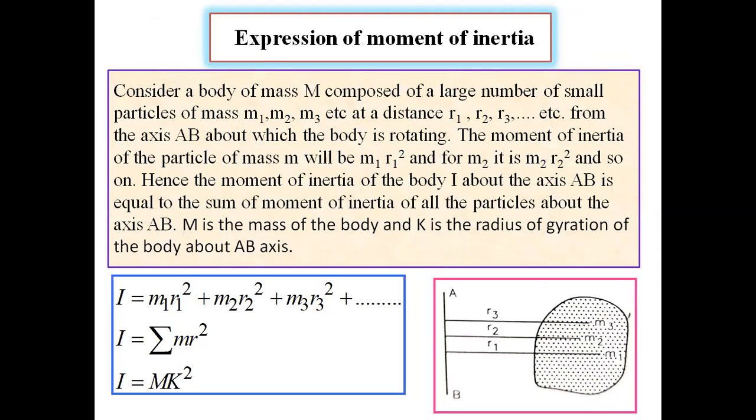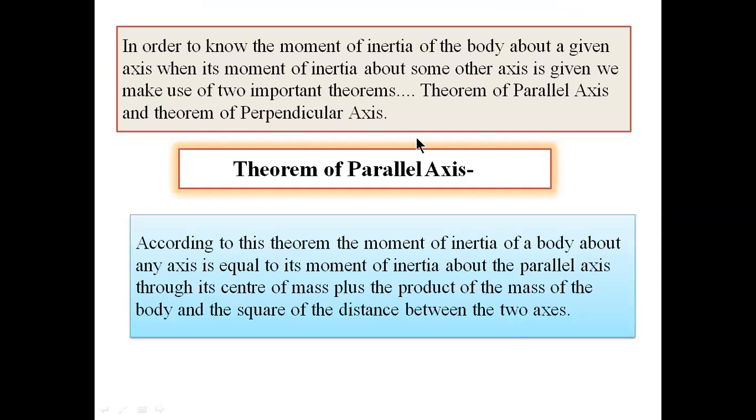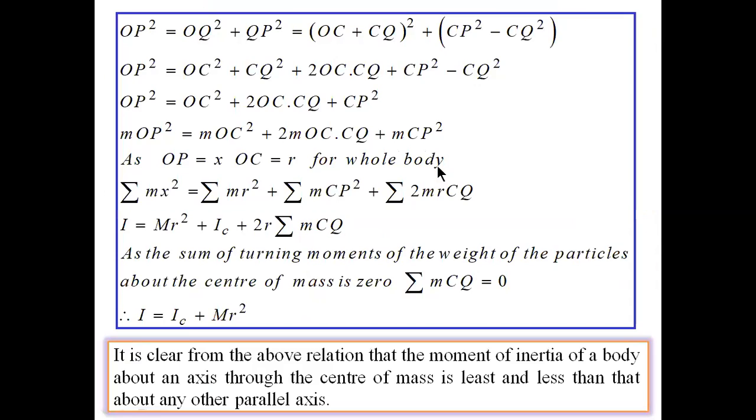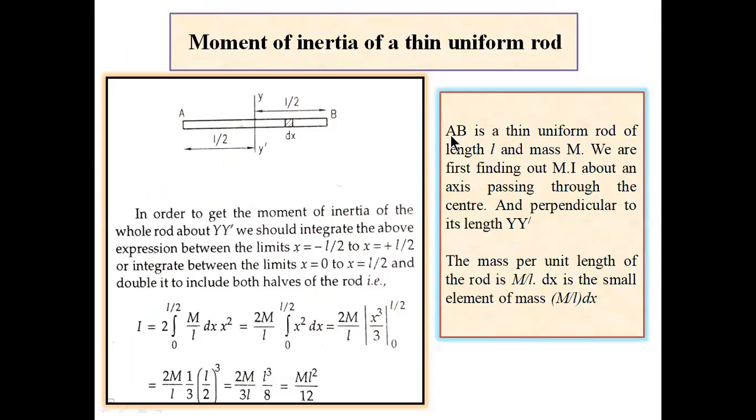We have also explained the radius of gyration, and one mathematical calculation for the moment of inertia of a thin rod, at the center and at the end using the parallel axis theorem. So today, up to this for moment of inertia.